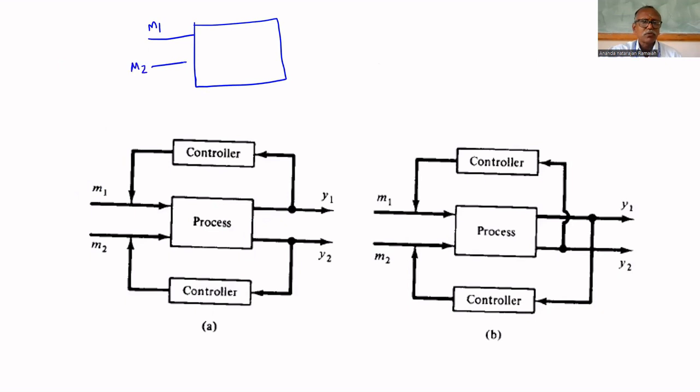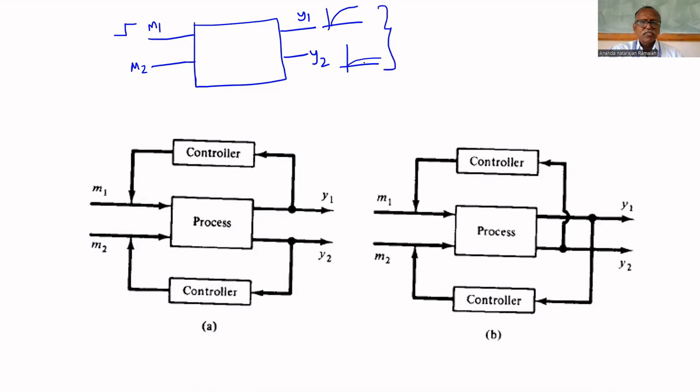Let us assume the outputs are Y1 and Y2. If you change M1, Y1 also changes. Already we have seen all the 4 manipulated variables have impact on the 4 process variables. That's why Y2 also has a small change.